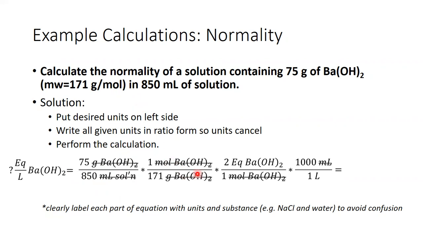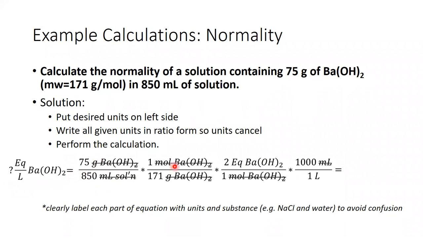So we multiply by the reciprocal of the molecular weight to cancel out grams. Then we multiply by the equivalent to mole ratio, which in this case is 2 equivalents, because we could bind 2 hydrogens in place of this barium. And then we need to get rid of the milliliters, so don't forget that. This is why it's helpful to look back before you do your equation and ask, am I in the right unit? I needed liters.